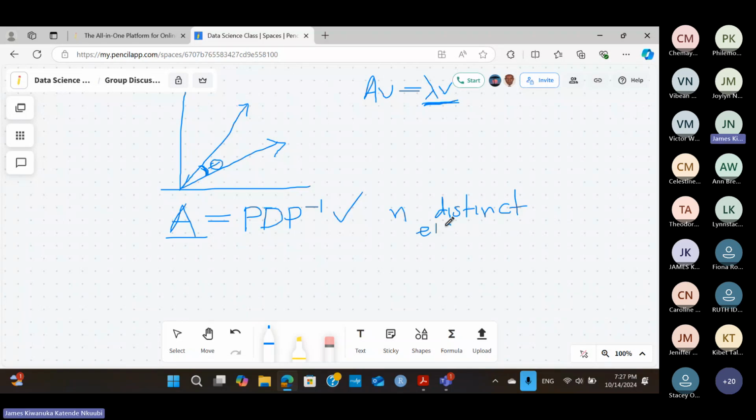It's possible to have fewer eigenvalues, but still have n distinct eigenvectors. So it only works when this is true.